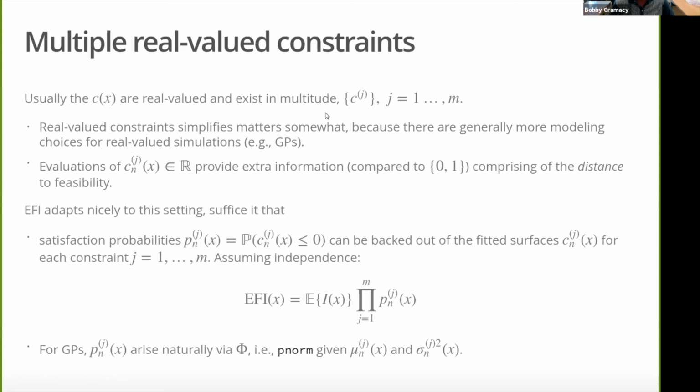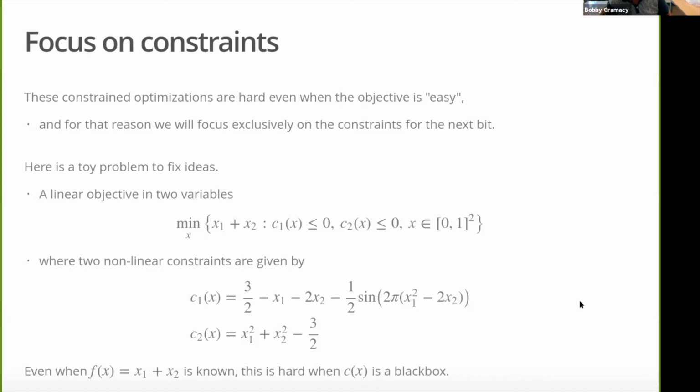And you could still do expected improvement. You really just multiply by the probability of constraint satisfaction again. So again, another one out of the way. Someday I'm going to change these slides and make it just one slide because I want to focus on a challenging example where I'm going to develop some new methodology for the rest of the segment.